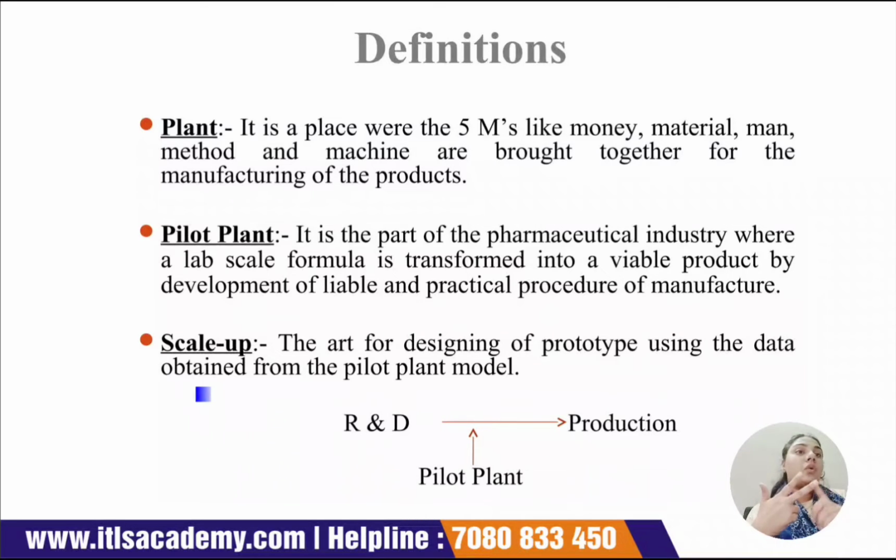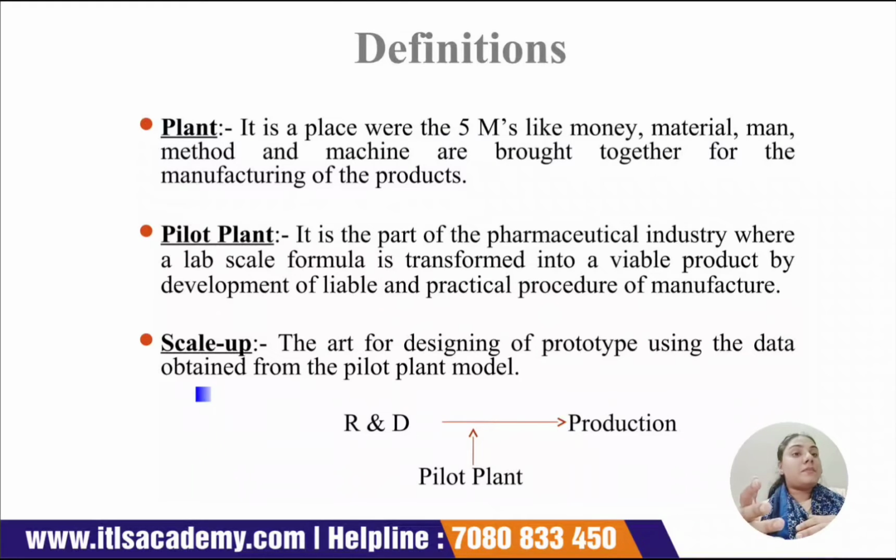Similar is the case with material. Material includes all the raw material, all the packaging materials, all the equipment, all the water facilities and everything, and how to dispose of waste, in which type of bins certain types of waste material are disposed. All these things are needed.